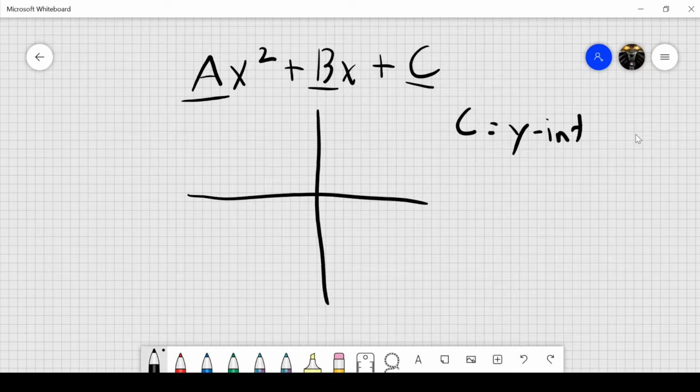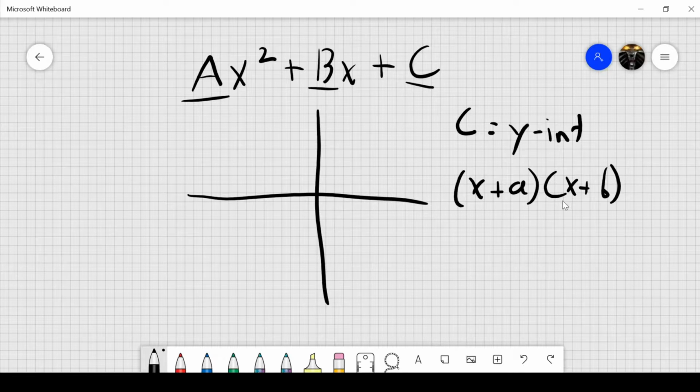Speaking of distribution, let's talk about the opposite. There's also factoring. This is why I like using capital letters, because it allows me to use lowercase letters when I talk about the factors. The A and B here have nothing to do with the A and B up top.